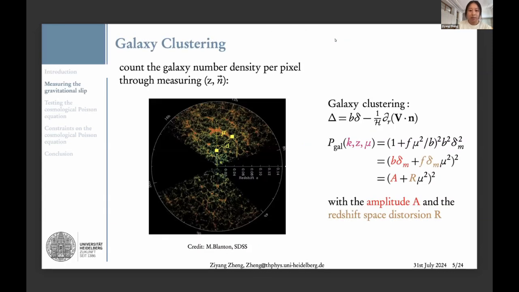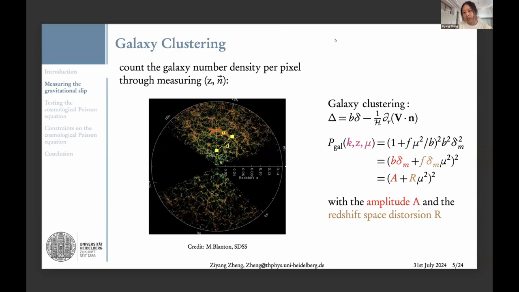So galaxy clustering basically tells us how many galaxies you can count inside each pixel. And all the information that we can receive is essentially the redshift of each galaxy in each pixel and the incoming direction of the photons. For the galaxy number count fluctuations, it is mainly contributed by these two components.